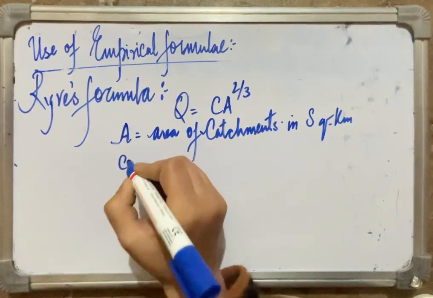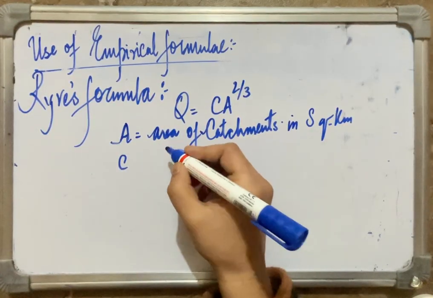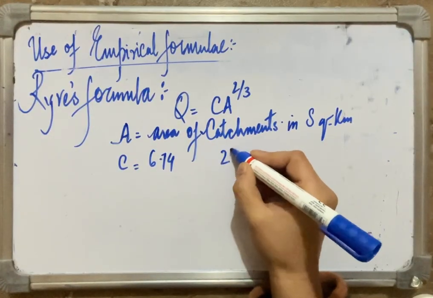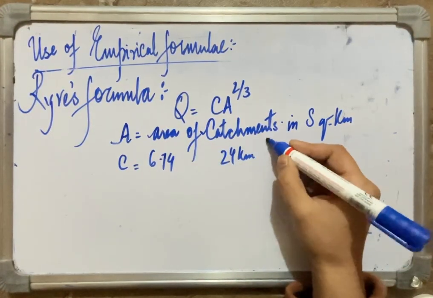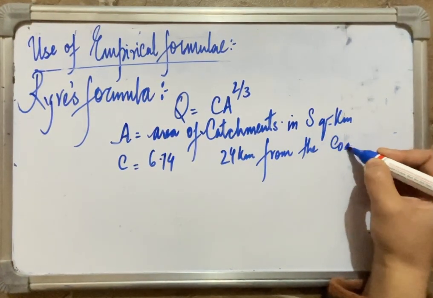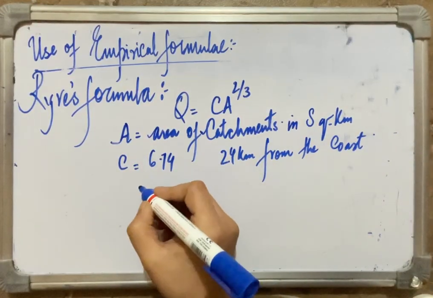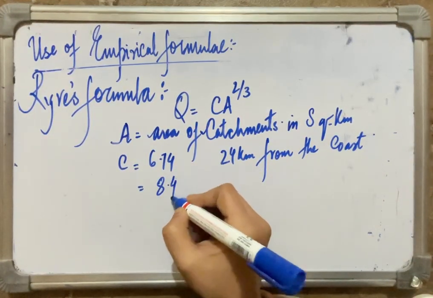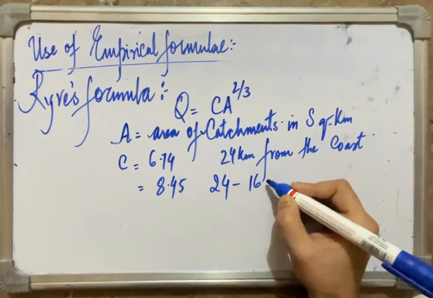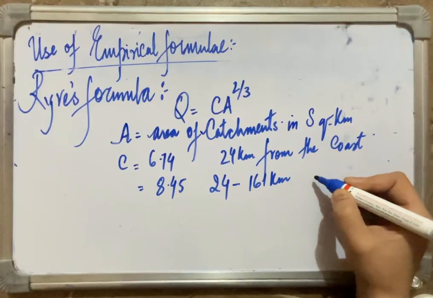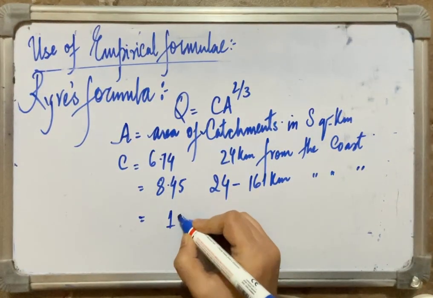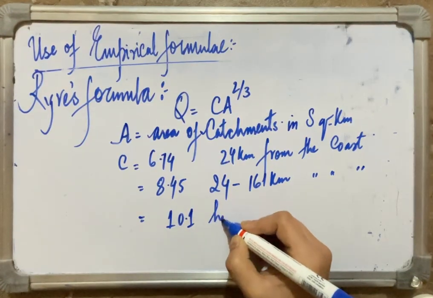Next is C. It is 6.74 for areas up to 24 kilometers from the coast, and it is 8.45 for areas between 24 to 161 kilometers from the coast, and C is 10.1 for hilly areas.